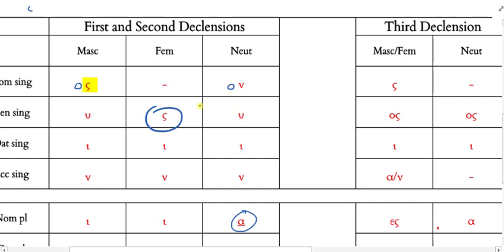We know those are masculine and neuter, and in this case, we'll have alpha or eta before the no ending if it's a feminine first declension, right? So this is 2, 1, 2. So you can usually identify the gender of a noun if it's second or first declension. When we get to third declension, all bets are off.